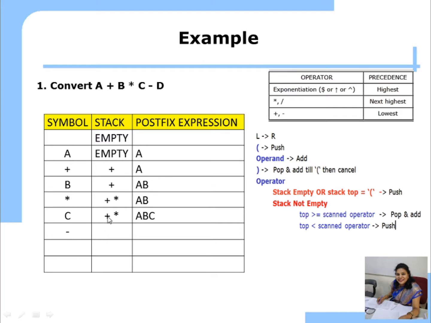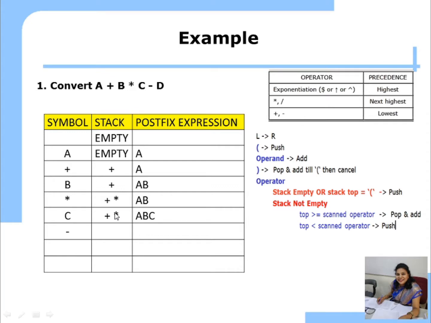Is the stack top greater or equal? Whatever operators are greater or equal, you are going to pop. Multiplication is greater, and plus is not greater but it is equal. So whatever operators are equal or greater, you continuously pop and add to postfix. So you pop the multiplication, then you pop the plus.